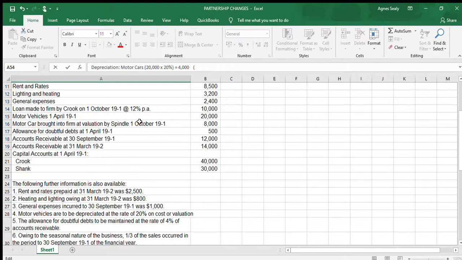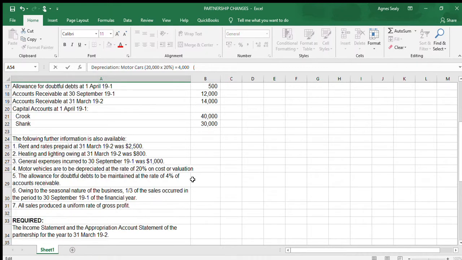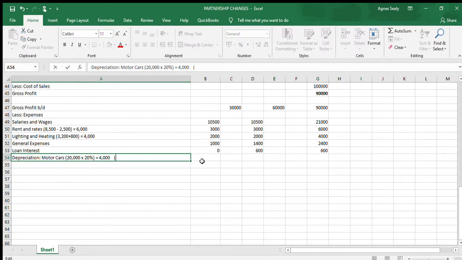However, since this motor vehicle was there only for 6 months of the financial year, it will only incur depreciation for 6 months rather than for the full year. So let's look at calculating the depreciation.